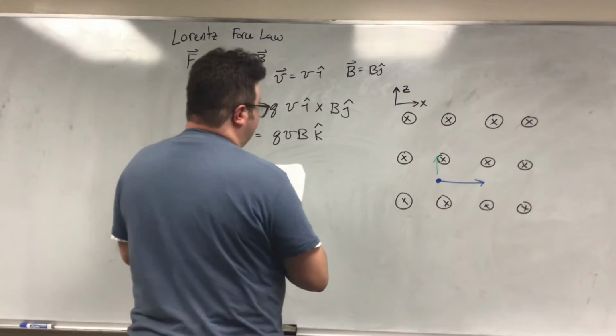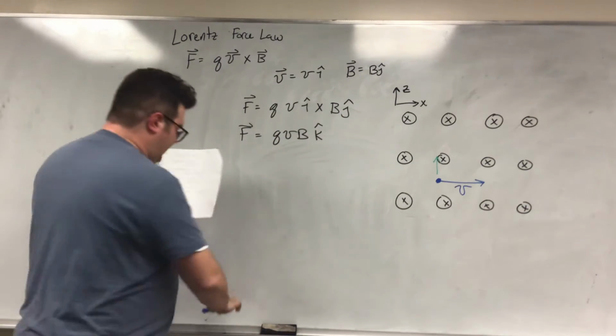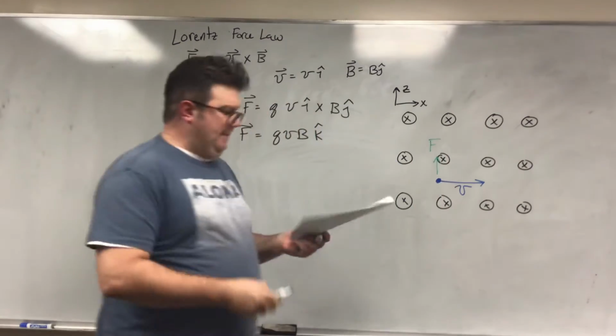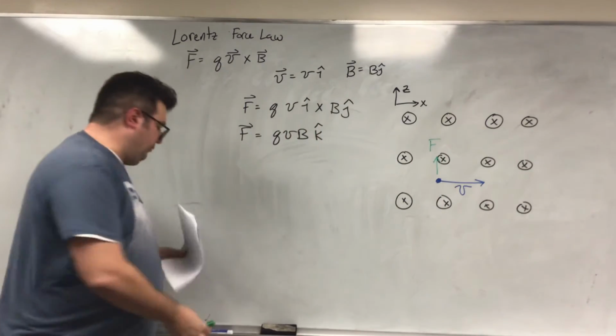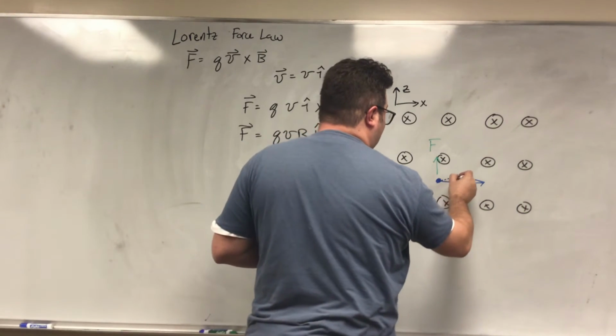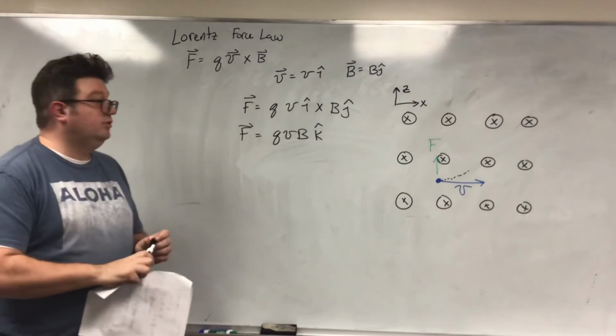So this is my speed, and my force is perpendicular to my speed. What's that going to do? It's going to cause this thing to start to curl, to start to bend.